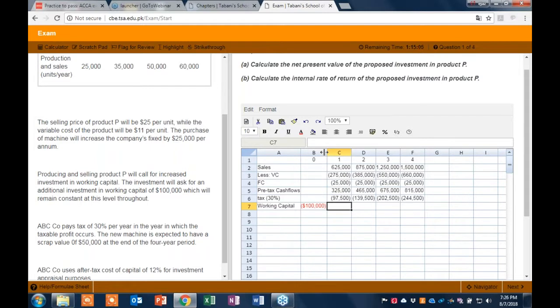Now, for the rest of the years, we have to look at whether the working capital requirement is changing from one year to another, or it is staying constant. As per the question, it says that the working capital requirement will remain constant at this level throughout, which means we do not need to inject any further capital for the rest of the project's life, as we have already injected $100,000 as capital, and it will stay in the business till the end.